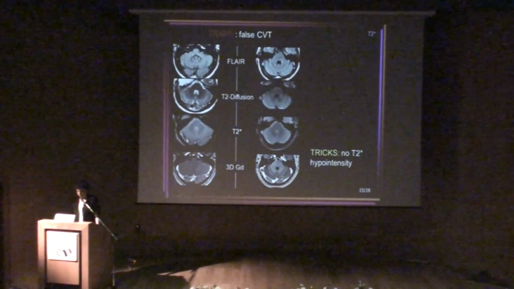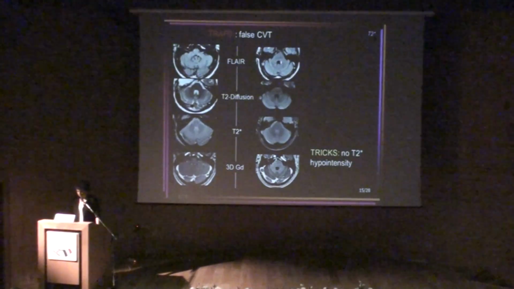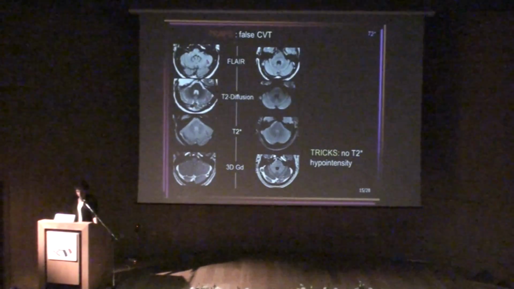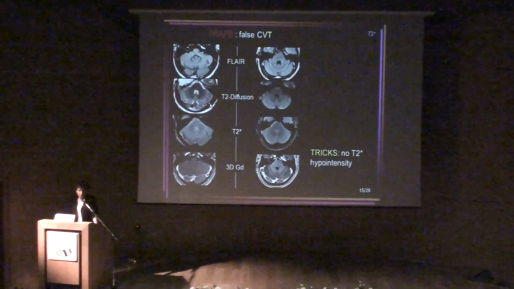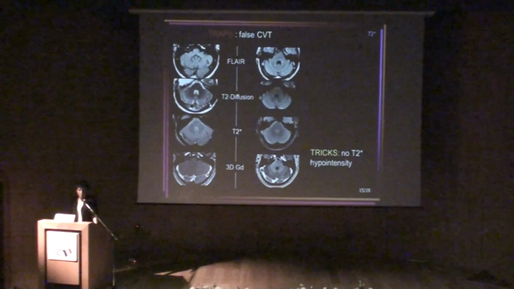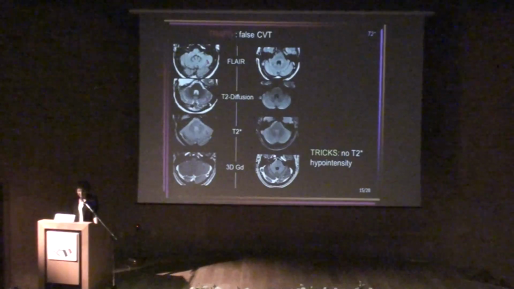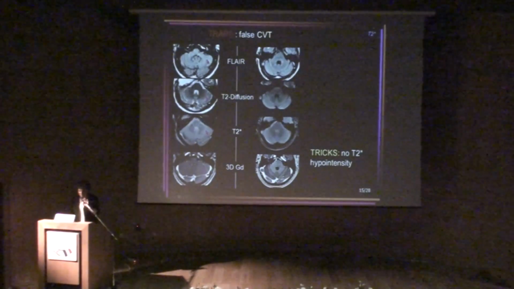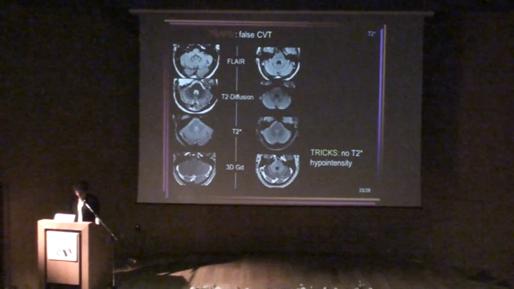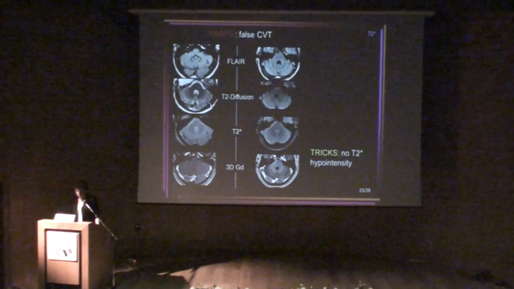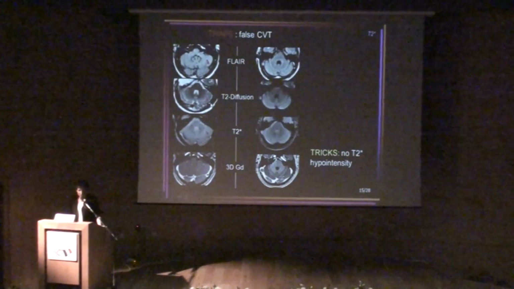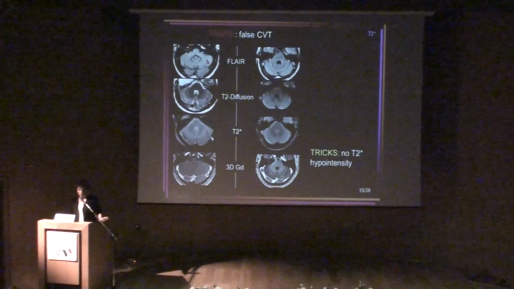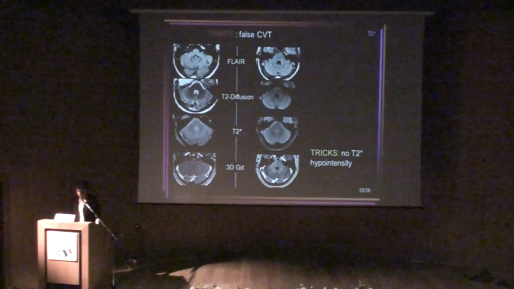You have 2 different patients, one on the left column, one on the right column, and first look at the left column, and here you can recognize Pacchioni granulation, that's correct. Arachnoid granulation of Pacchioni, I don't know how you say that in English. And what's important if you have a doubt about a defect or a cerebral venous thrombosis, check the T2 star weighted sequence. It's not dark, so it's not a cerebral venous thrombosis.